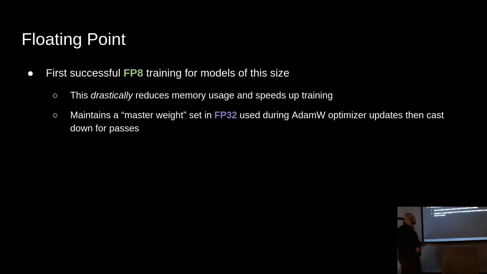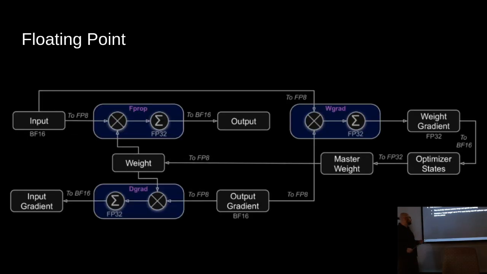So what they do is they basically keep a shadow weight set in FP32, and they use that during the optimizer updates, and then they cast down for forward passes. Now, they don't do this across every single operation. They're specifically targeting what's called GEMM, G-E-M-M, operations. So anywhere where you're doing, say, matrix by matrix multiplication, you're going to see it get cast down to FP8.